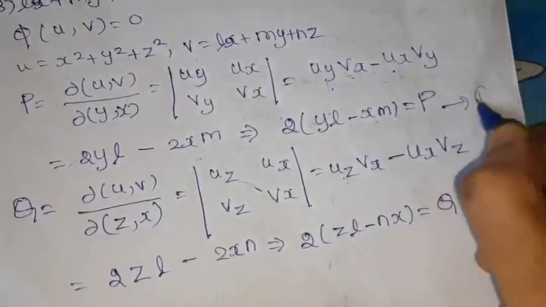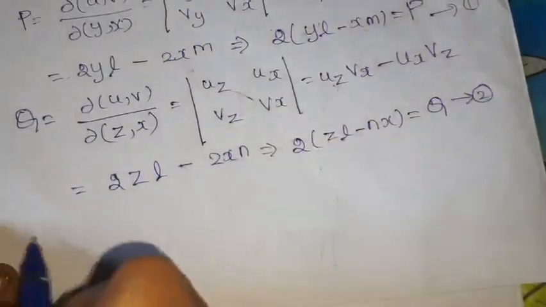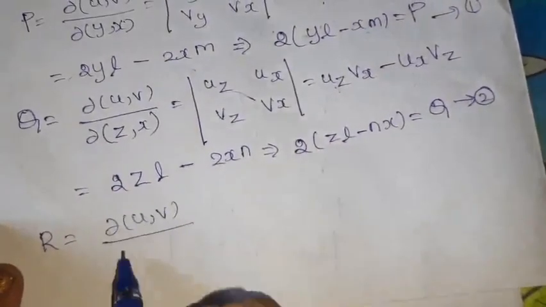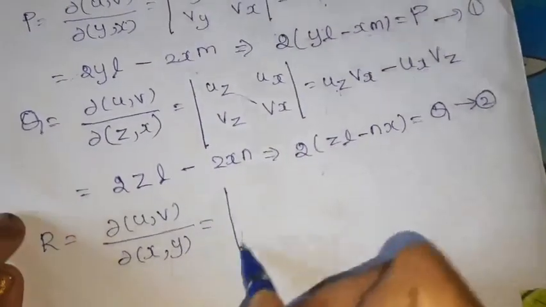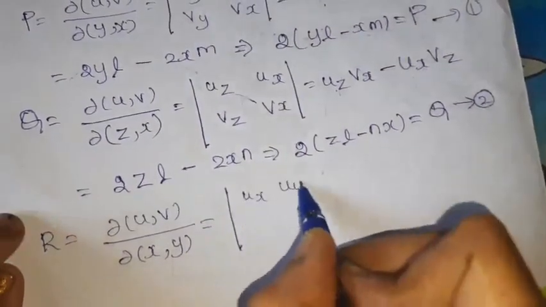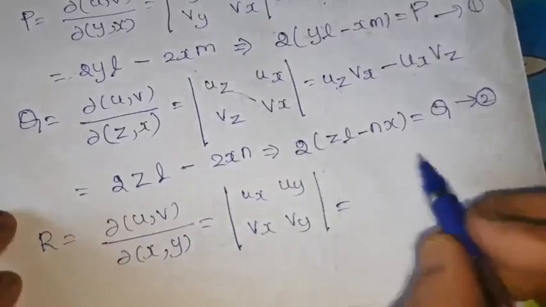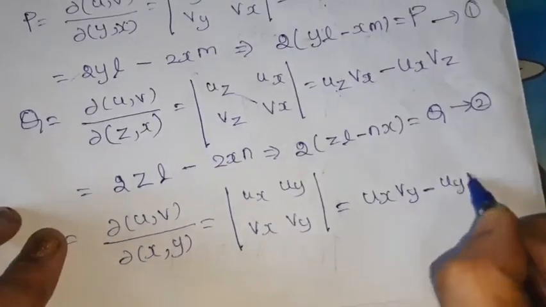Equation 1, equation 2. Then what is R? Dou of u comma v divided by dou of x comma y. So ux, uy, vx, vy. Then taking determinant, ux vy minus uy vx, right?